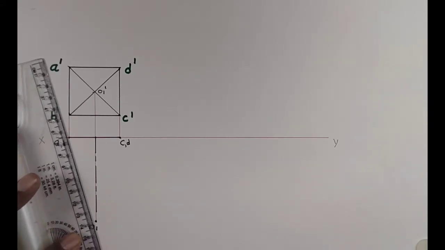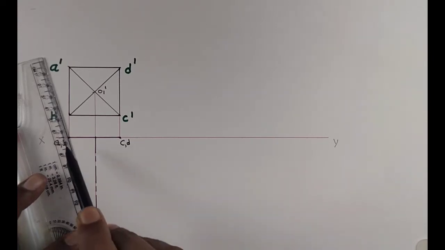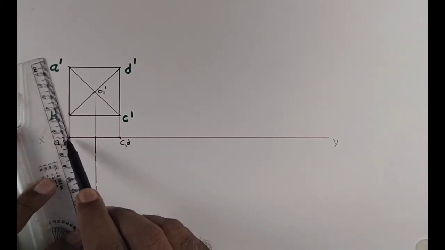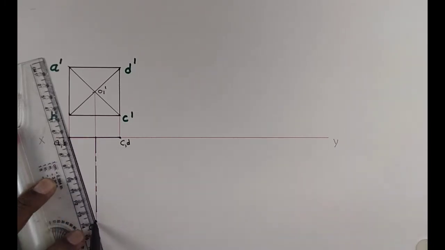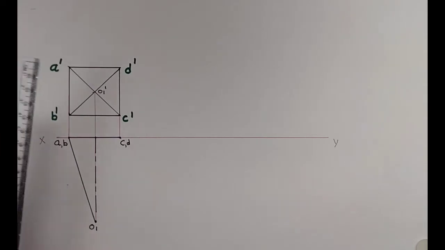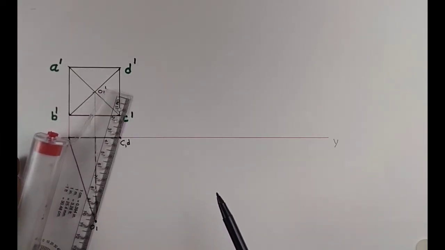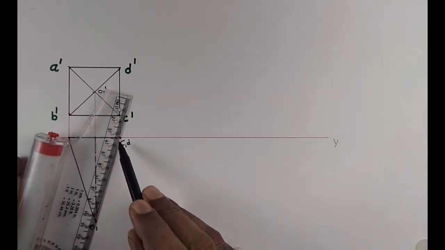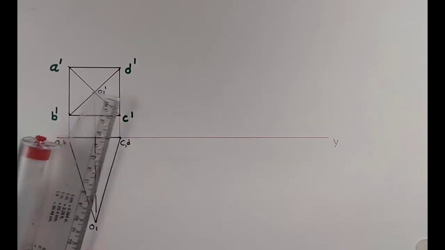Now you can show your plan of slant edge. So for showing your plan of slant edge, you just connect the 2 points A O1 and B O1. Similarly, you can join your 2 points with a straight line C O1 and D O1.